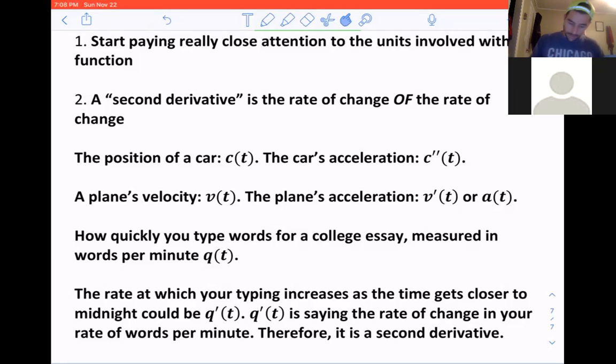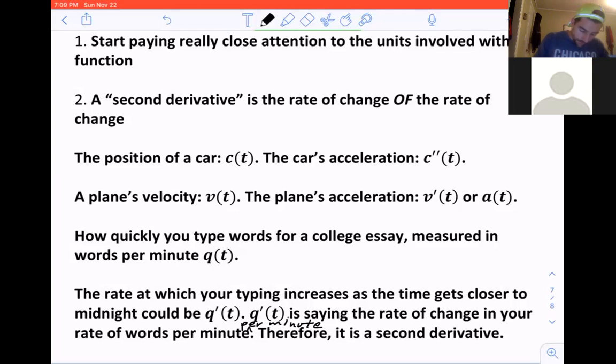Yeah, that actually has to be there. So it would be the rate of change in your typing in words per minute per minute. It's commenting on how quickly your typing is changing, because as it gets closer to midnight, your fingers speed up and those words start rolling out faster. And that would be a way we could describe an acceleration in this context.